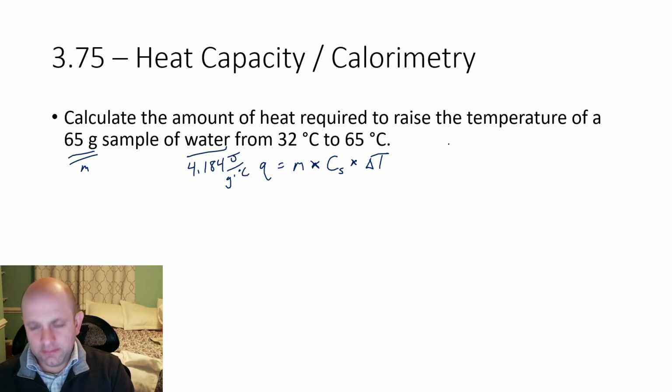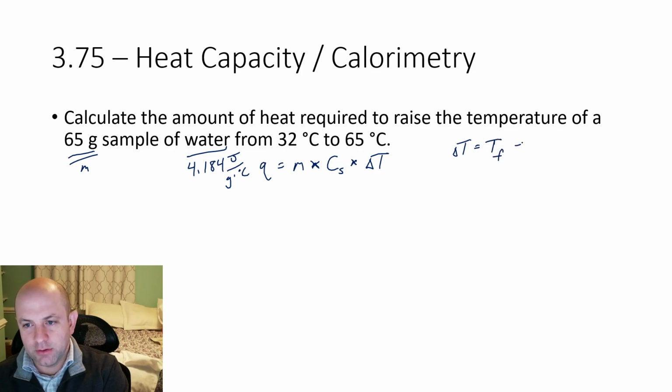Now for delta T, remember, anytime you see a delta something in this book, it's always final minus initial. So it's the final temp minus the initial temp. Looking at the word problem, initially it's at 32, but at the end it's 65.